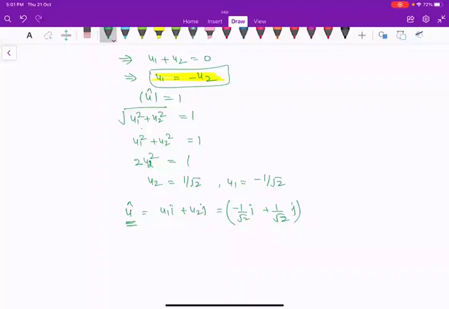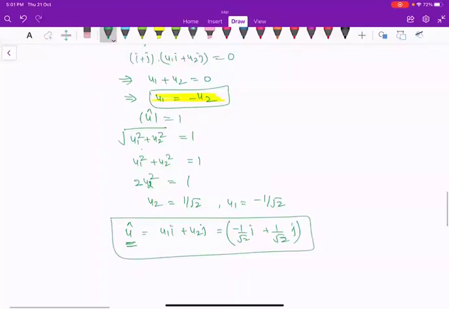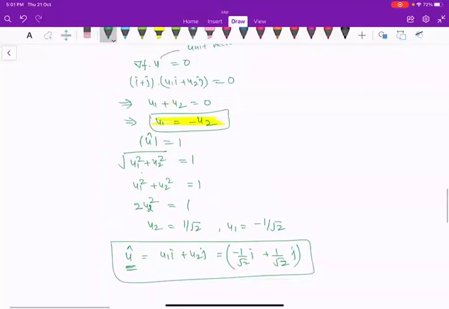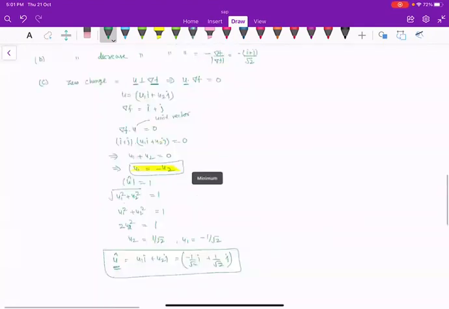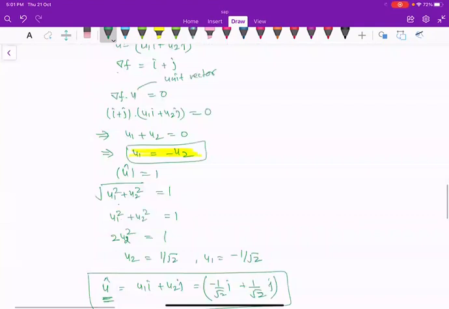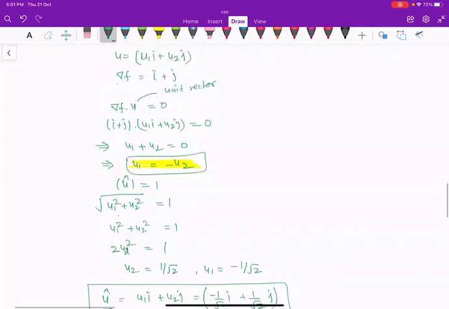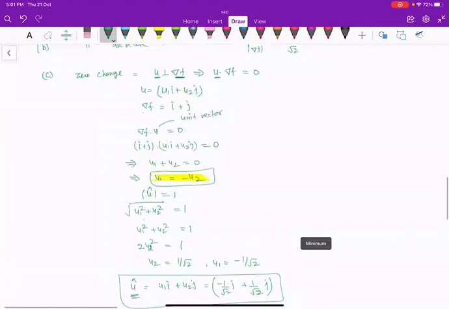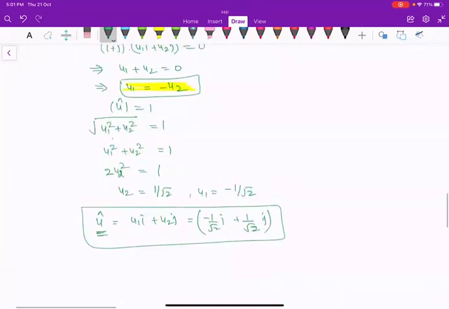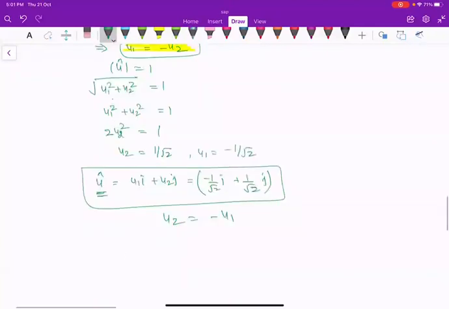So no change in the function occurs in this direction. One more thing I can discuss here. A student asks: could we put u2 equals minus u1? Yes. If we put u2 equal to minus u1, then u hat will be 1 by root 2 i minus 1 by root 2 j.